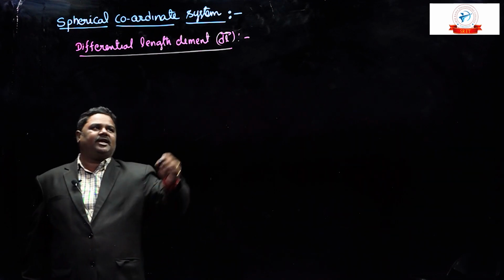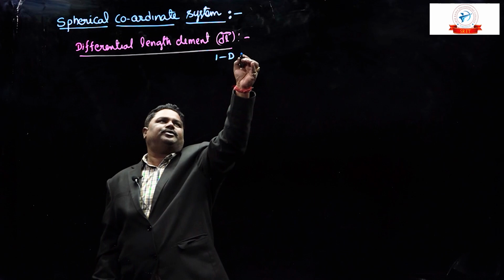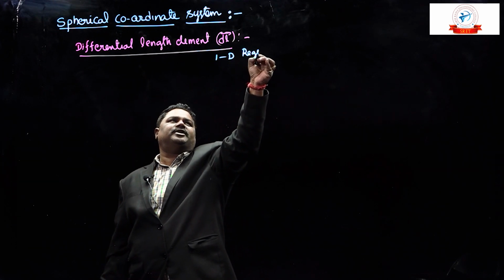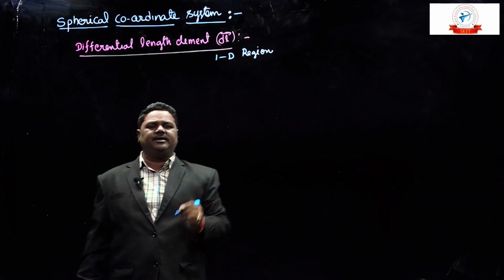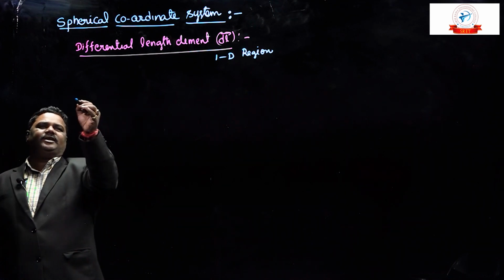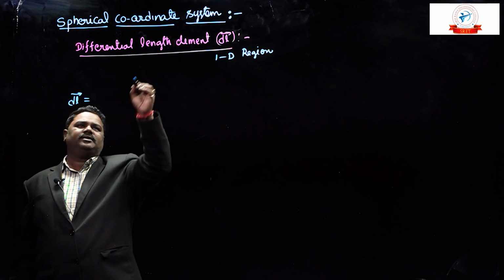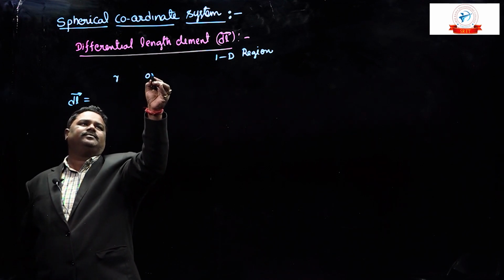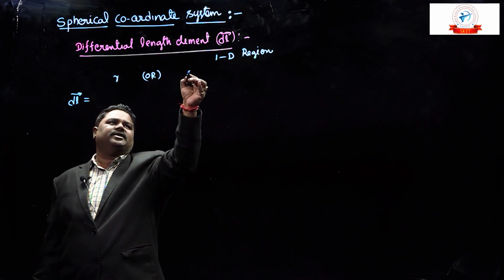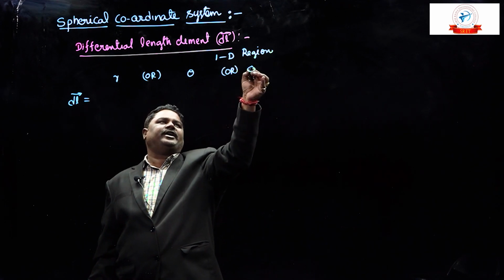Here, you know that a length element is a one-dimensional region, and one coordinate is required to construct a one-dimensional region. So the differential length element is constructed with the r coordinate, or with the theta coordinate, or with the phi coordinate.